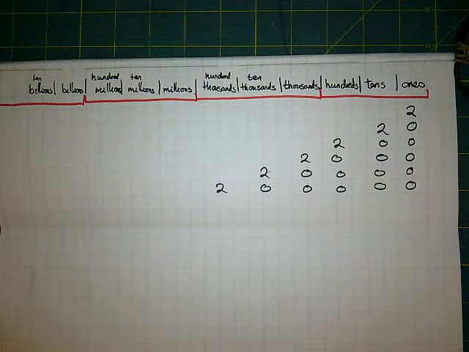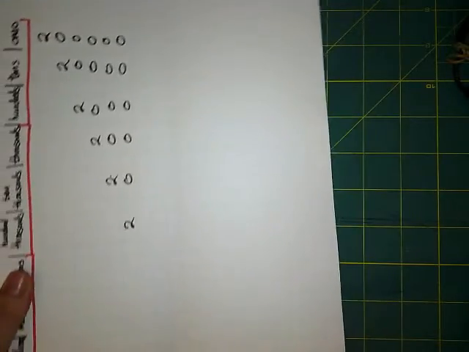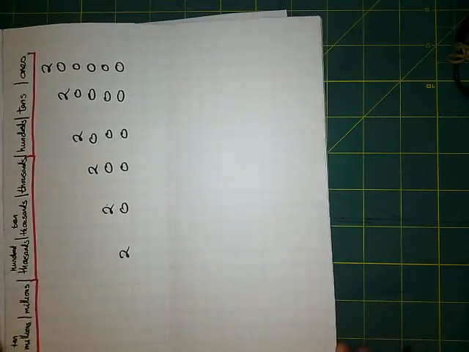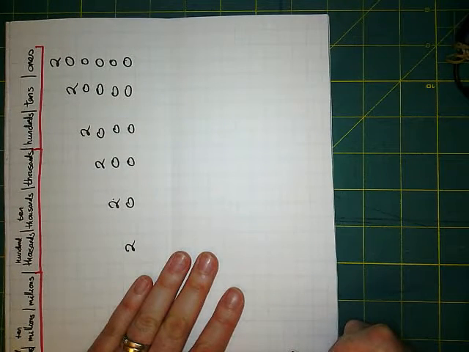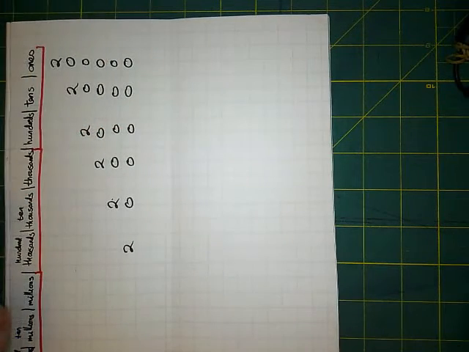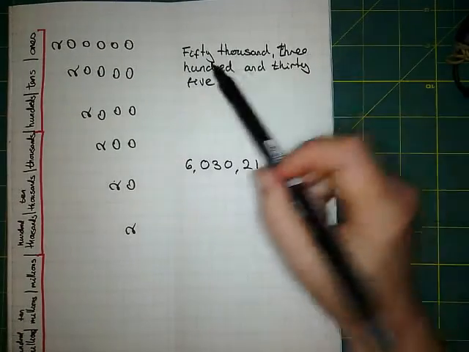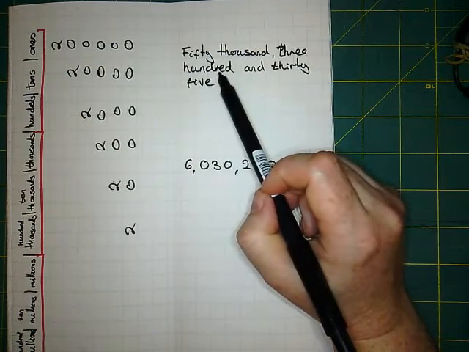So hopefully you managed to do that. So the next thing we're going to do is to look at what happens when I have a written number and how I can turn it into figures and the other way around. So here I've got 50,335.